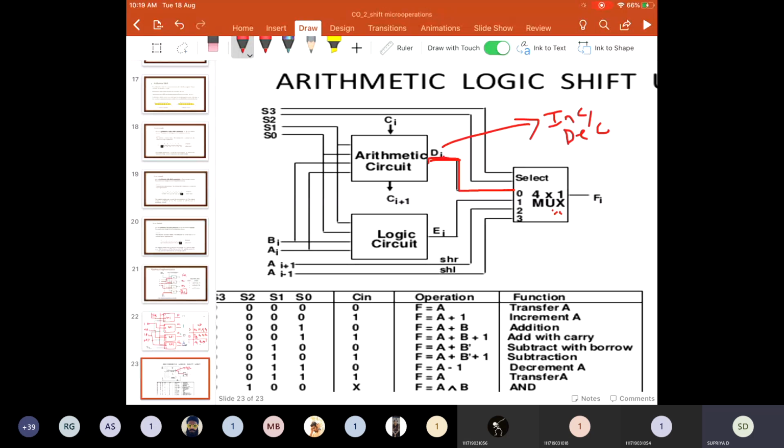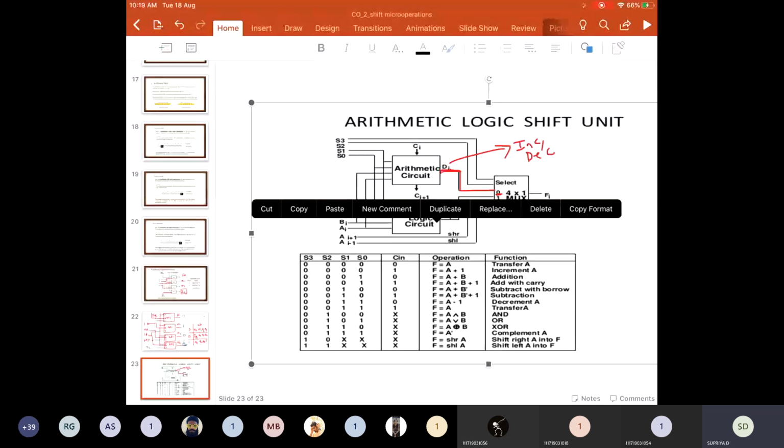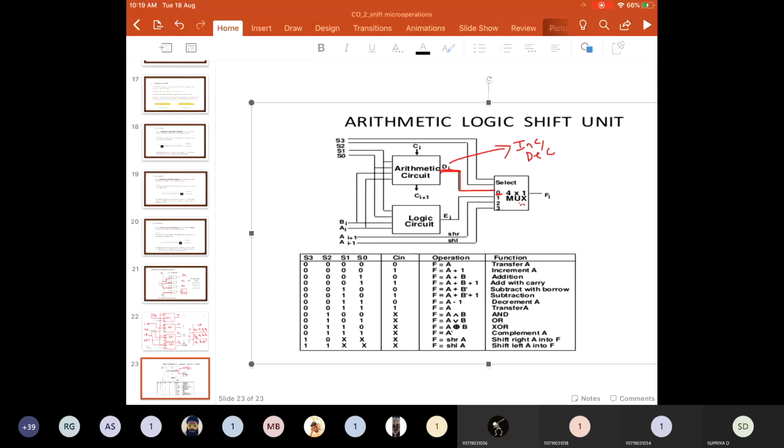So the output of the arithmetic circuit is connected to the 0th data input line of this multiplexer, and the same is given in the table.